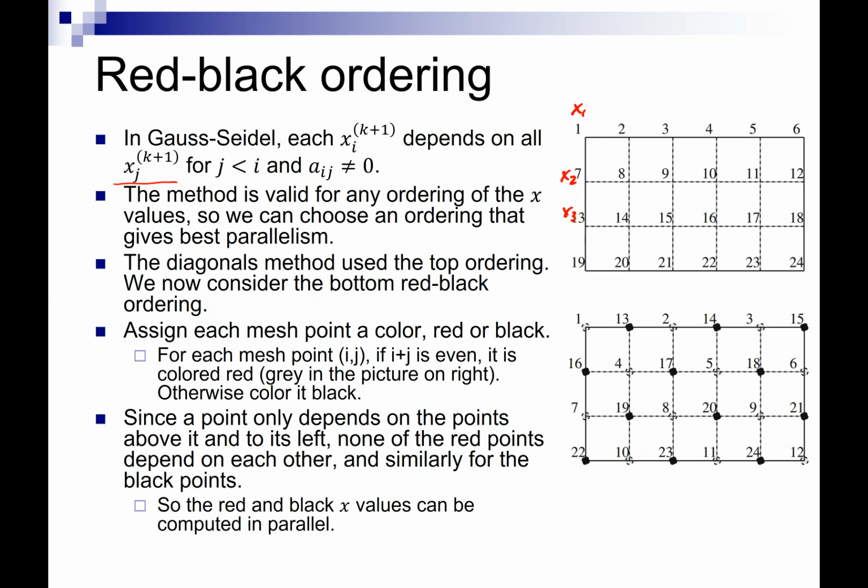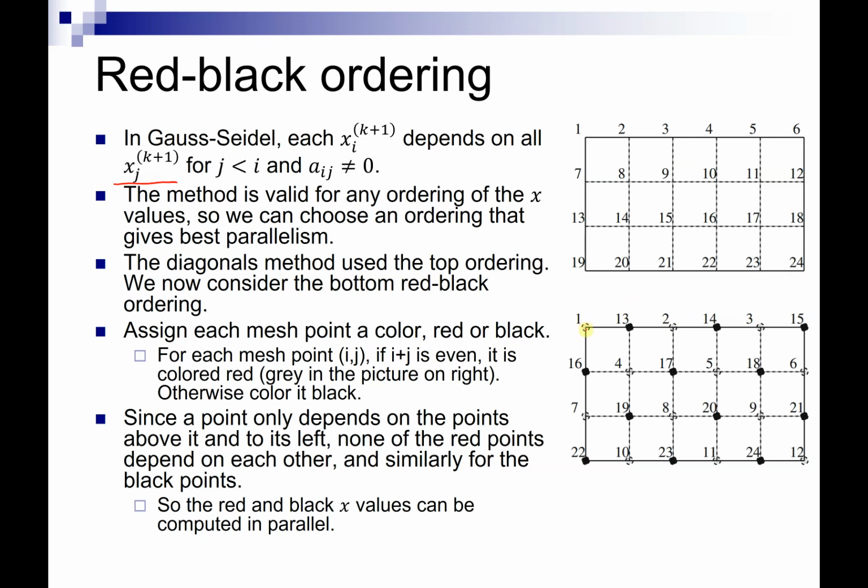In fact, the red-black ordering is going to reorder the points this way. It's basically going to create a checkerboard pattern on the points, a red-black checkerboard pattern. What that means is that each of the points, we're going to think of as either a red point or a black point. The first point, let's say, is going to be a red point, and all the red points are going to skip one from the previous red point.